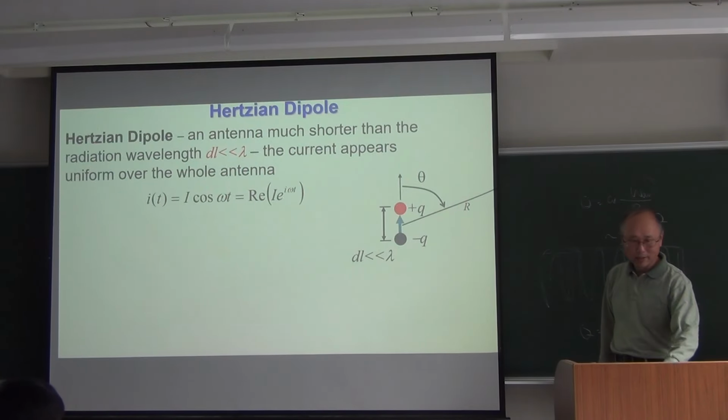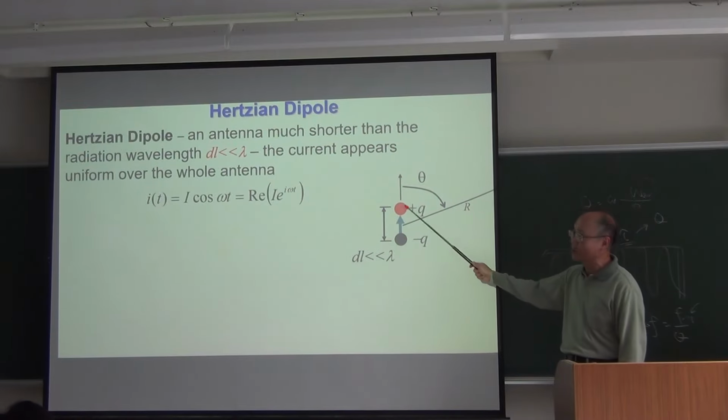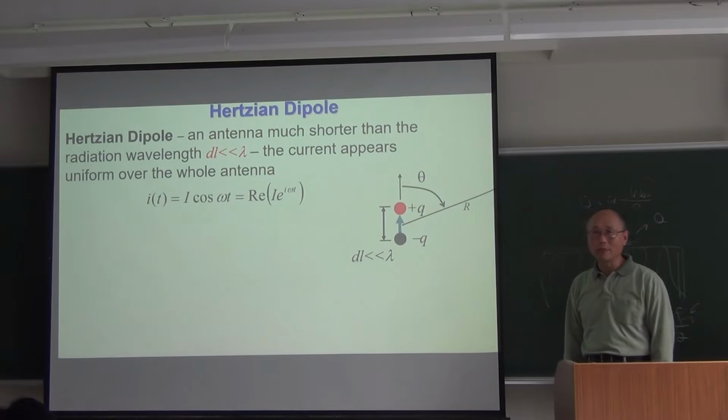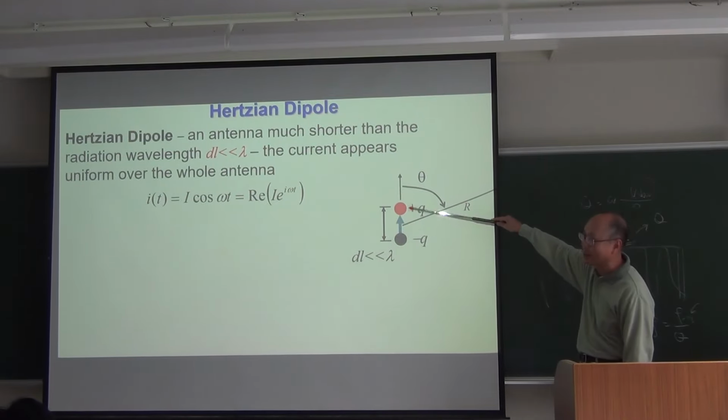特简单 right? 所以呢 Hertzian dipole 的话 basically starts from a very small antenna that is much smaller than a wavelength. So you have uniform current on this.